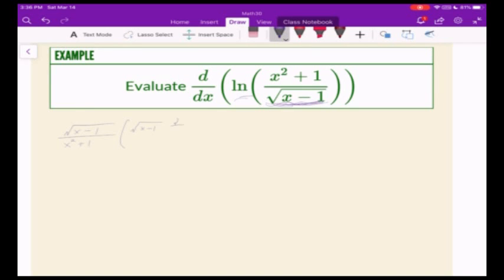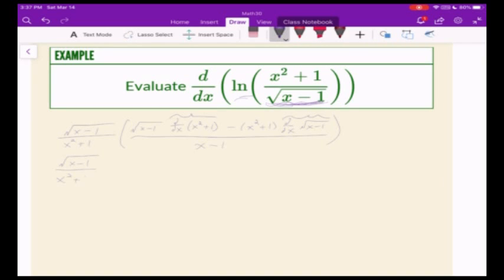But keep in mind, the derivative of what's inside here is using the quotient rule. So let me try it this way. We need low d high, so d dx of the high function minus high d dx of the low function, all over the low function squared, but squaring a square root just gives me x minus 1.